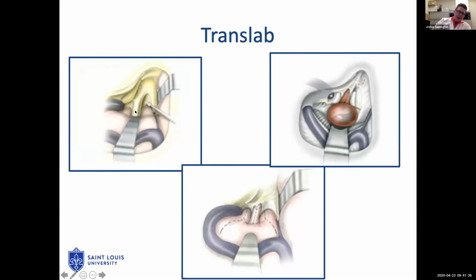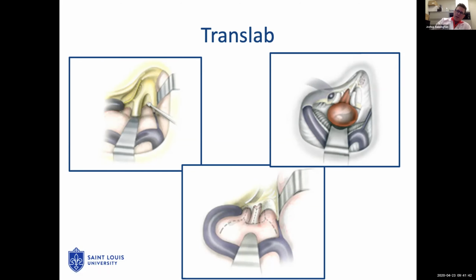That allows you to have this nice big wide field for when you drill your troughs and then your dural openings for your neurosurgeon to open that up and then be able to get down on the tumor.